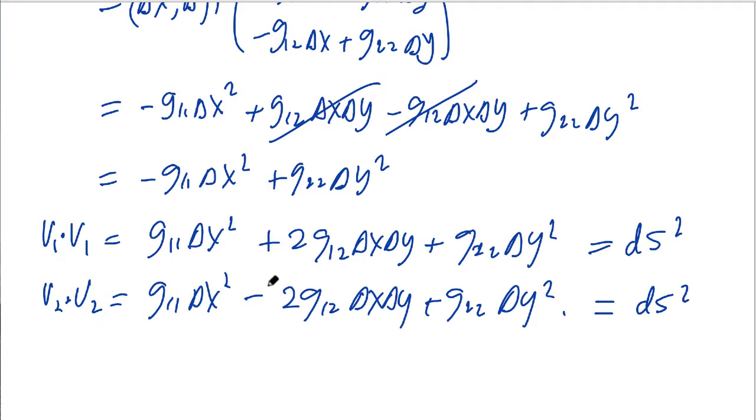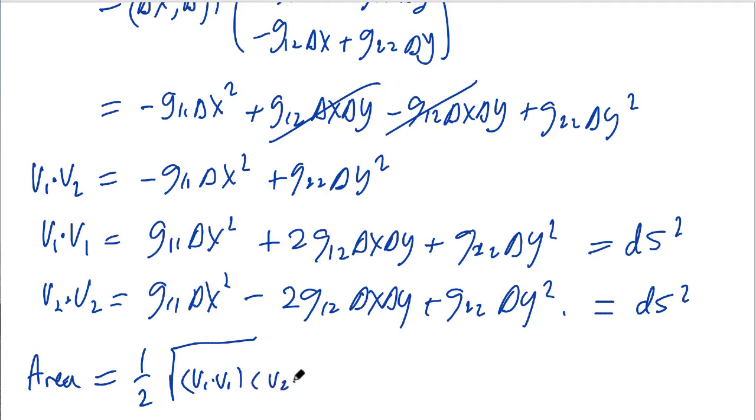It just looks funny with this minus sign because the change in x is actually minus delta x in this case. All right, so let's put all this together to find, this is v1 dot v2, to find the area. Recall that's 1/2 square root of v1 dot v1, v2 dot v2 minus v1 dot v2 squared.